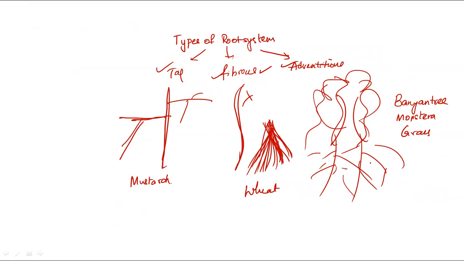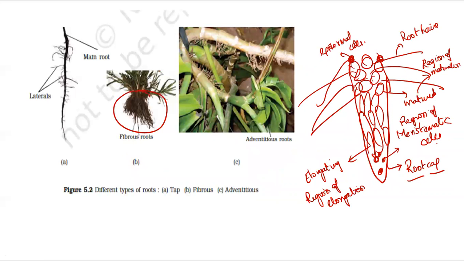Taproot can be seen in mustard, and fibrous roots can be seen in wheat plants. Adventitious roots are the roots that develop from other parts of the plant, which can be seen in banyan tree, monstera, and grass. Now coming to the structure of root, there is the tender root protected by the root cap. Then you see meristematic cells, which are important for root development.